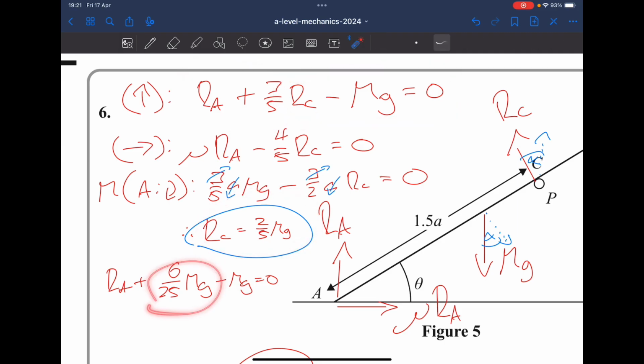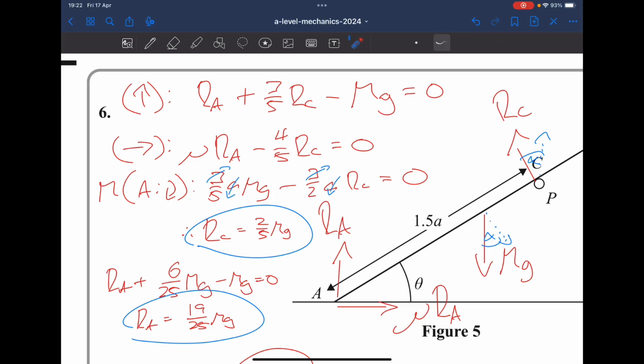So 6/25. This would be 25/25. So 19/25 is like the difference. So RA is 19/25. You can think this is 25/25. Add that over, and then take this one away. So RA is going to be, what did I say? 19/25 mg.